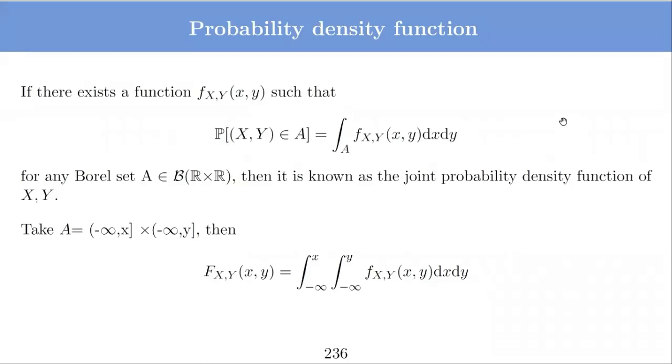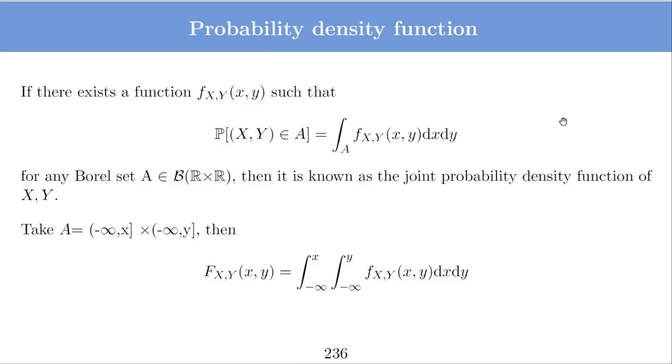This has the same interpretation: once you take a very small area dx dy, the probability that (X, Y) lies in this small area is equal to the density at this point f(x, y) multiplied by the area dx dy. And once you take a bigger set, you should be able to divide it into smaller sets and take a summation, which is integration in the continuous case.